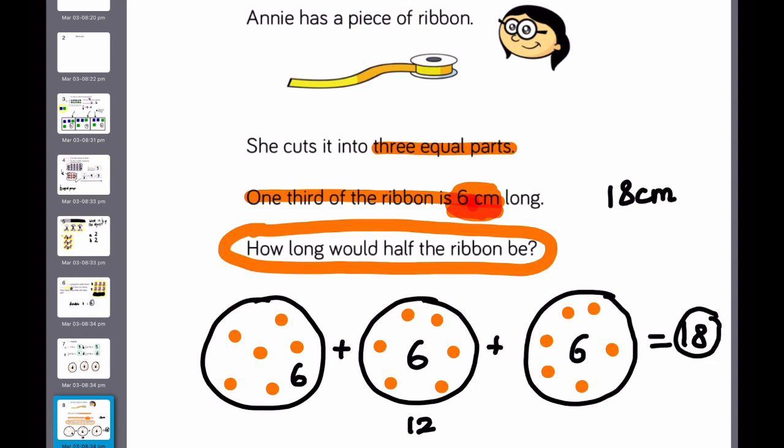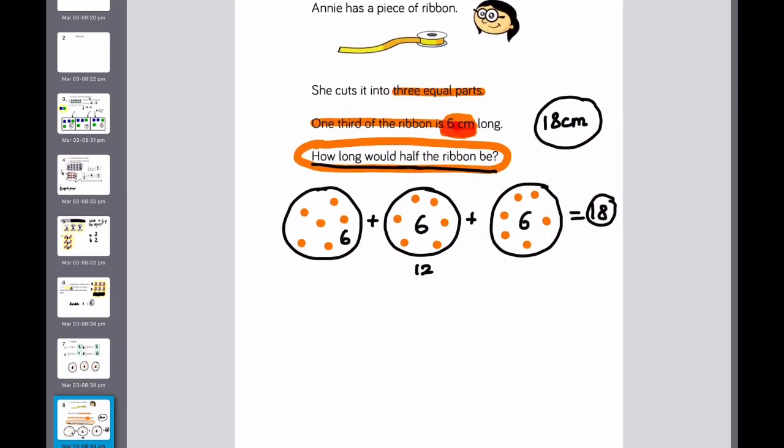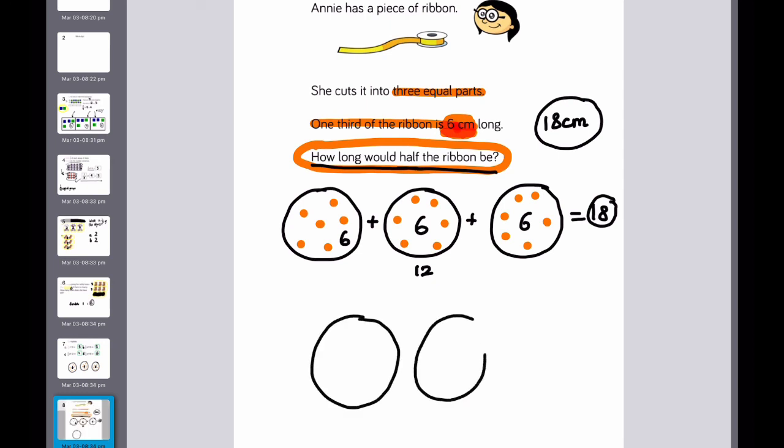Is that the answer we're looking for though? No, well done. Because the question says, how long would half the ribbon be? So we now need to find half of 18. So let's draw 2 sorting circles this time. Why have I drawn 2 sorting circles if I want to find half of 18?